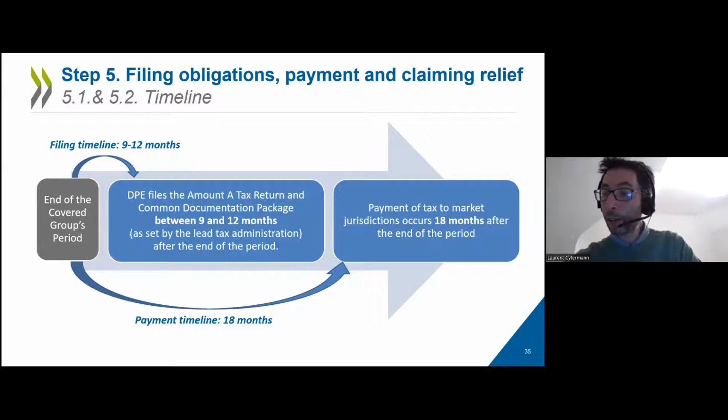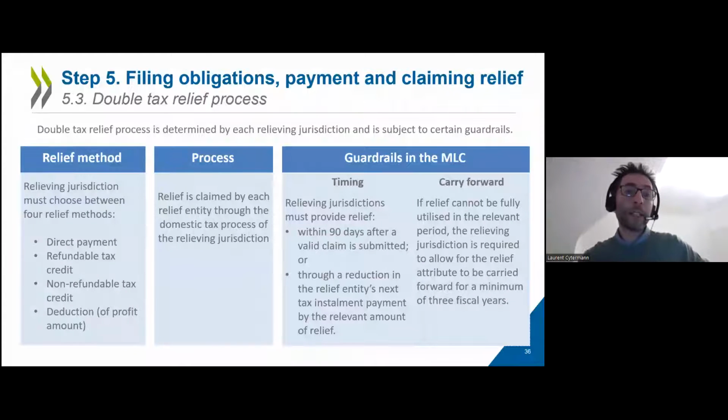And now the final step is the double tax relief process. So here there is a bigger part of domestic implementation in domestic law because double tax relief systems are quite different from one jurisdiction to another.